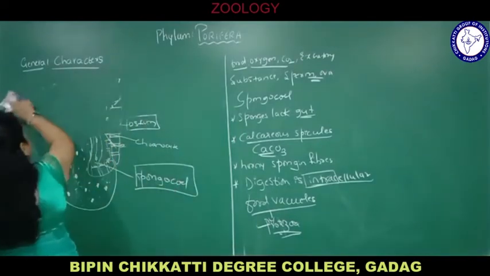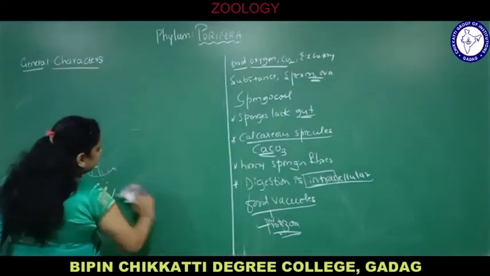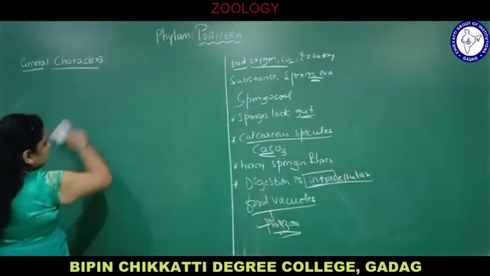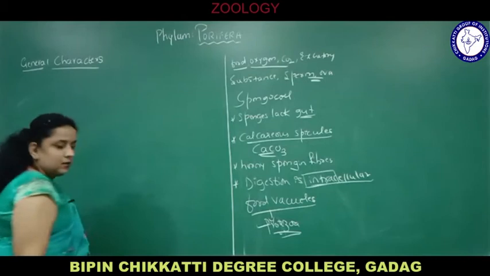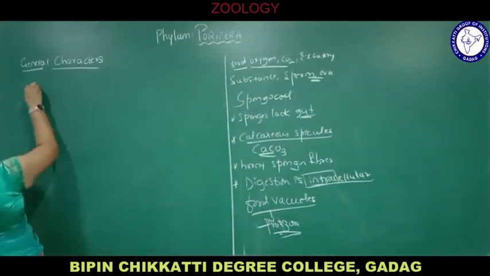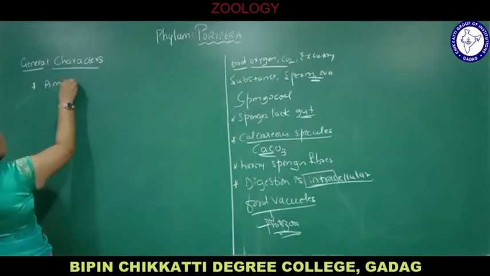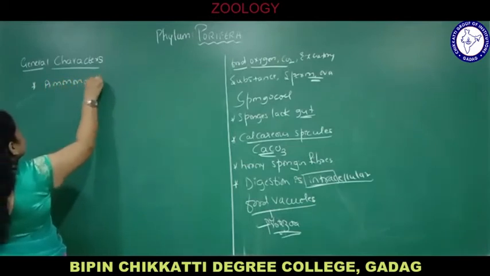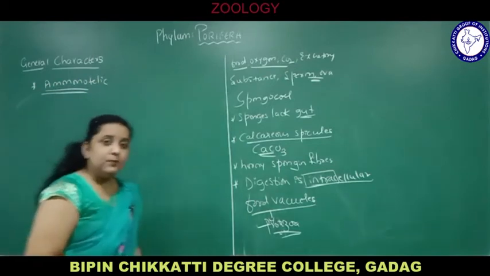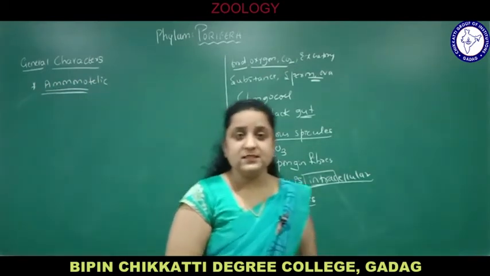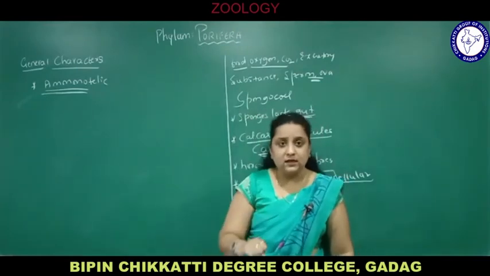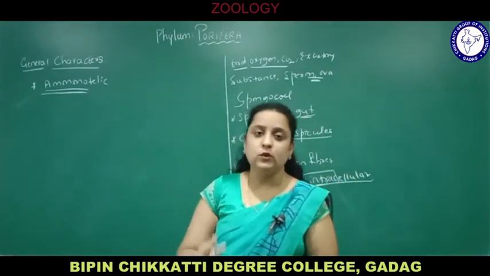Next, coming to the excretory system. Here excretory substances are of three types. Organisms excrete ammonia, urea and uric acid, but these animals are ammonotelic. Ammonotelic means the nitrogenous waste mainly contains ammonia. Depending on the type of nitrogenous waste excreted, animals are classified into three types: ammonotelic, ureotelic and uricotelic.